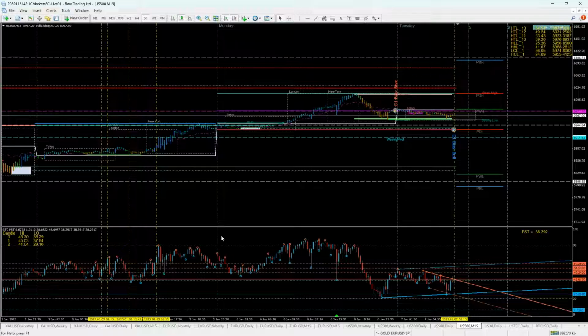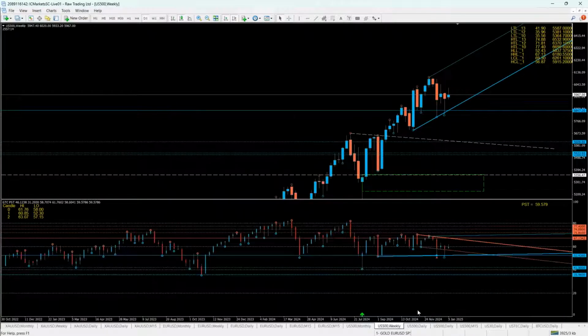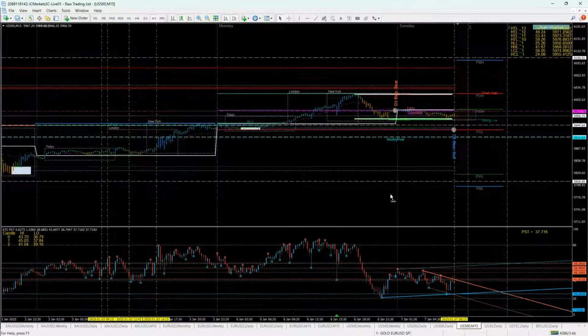On the weekly, that's too far out. The support here is HCL1, we already marked that in yesterday, and this 52 is 5837. We should also have that 5837.